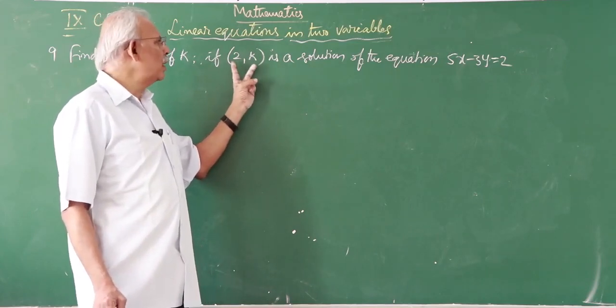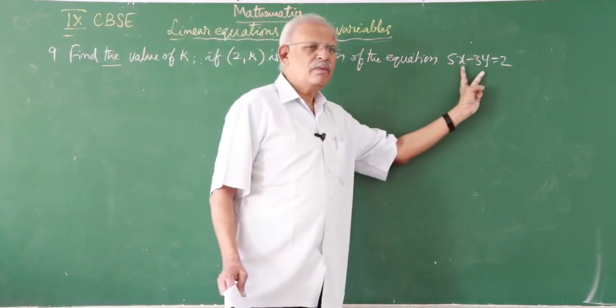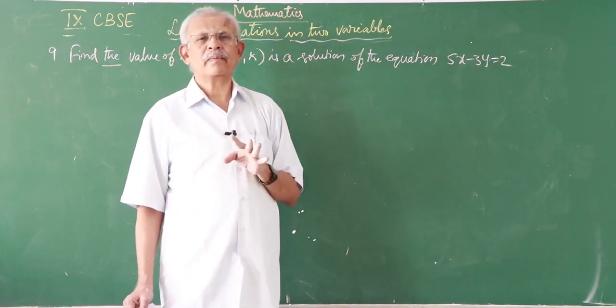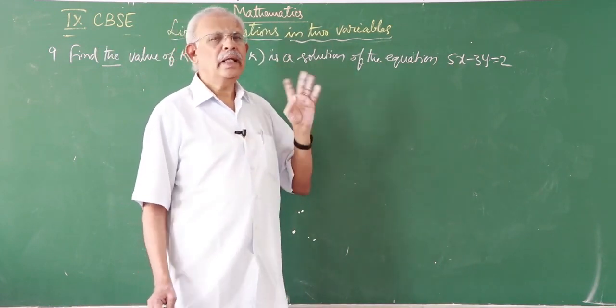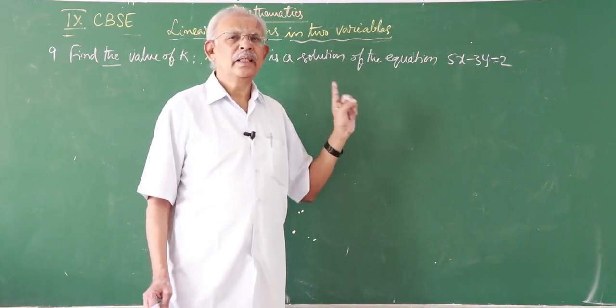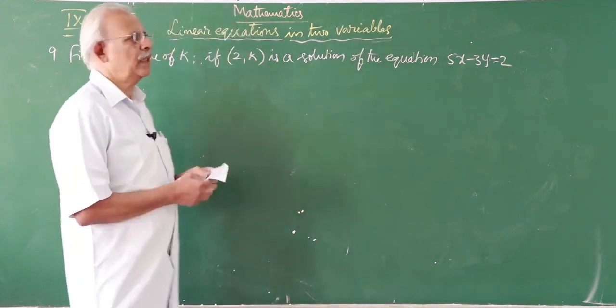So when this is a solution, if you substitute these two values for x and y in this equation, they satisfy. Means they hold good because they are solutions, it is given. Therefore, substitute it and find the value of k.